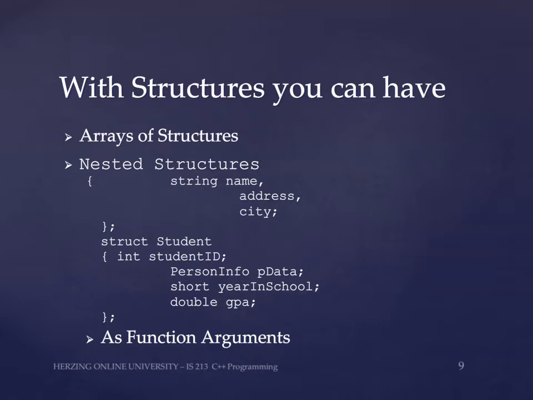And when you have structures as function arguments, you may pass members of a struct variable to functions. So if you have computeGPA(stu.gpa), or you may pass the entire struct variable to a function.